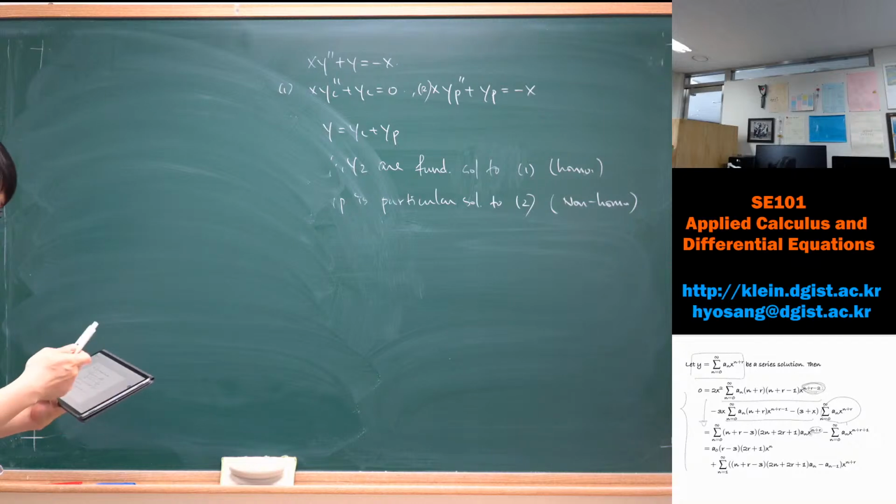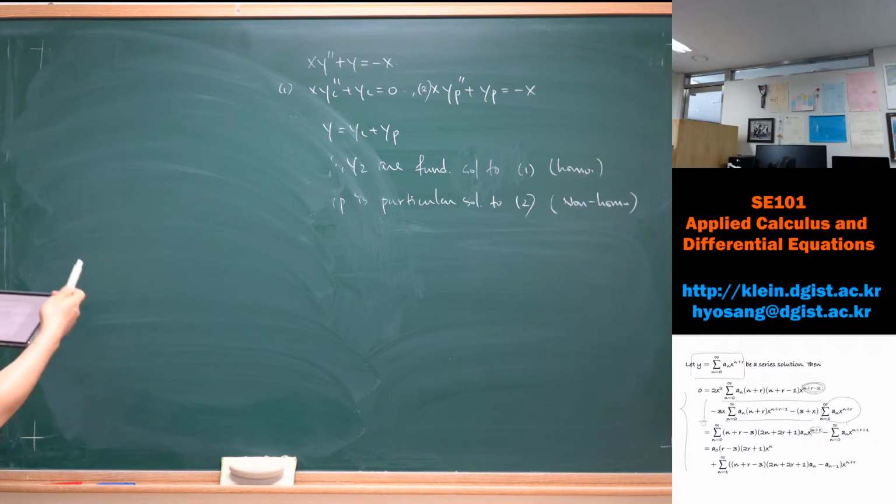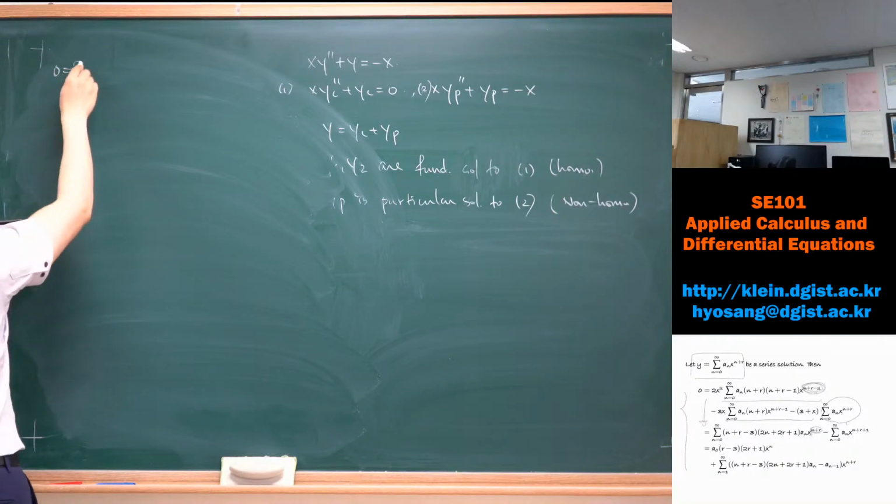I'm not going to explain why I get the y double prime solution as an expansion of this form. It's already explained in the previous examples.